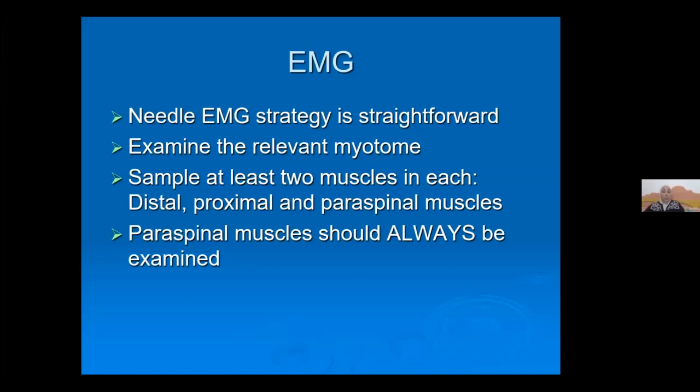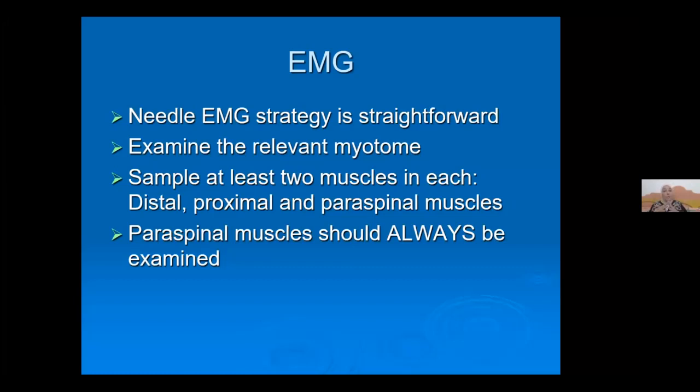It's very logical. I start with the relevant myotome. The patient comes, has pain here or there, pointing to cervical radiculopathy or lumbosacral radiculopathy. So I start with the relevant myotome, the myotome I suspect to be abnormal on clinical grounds.